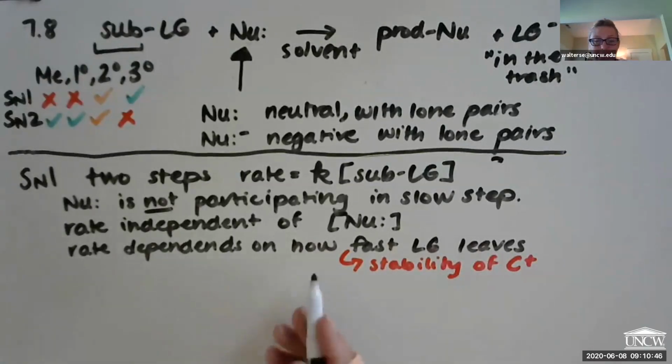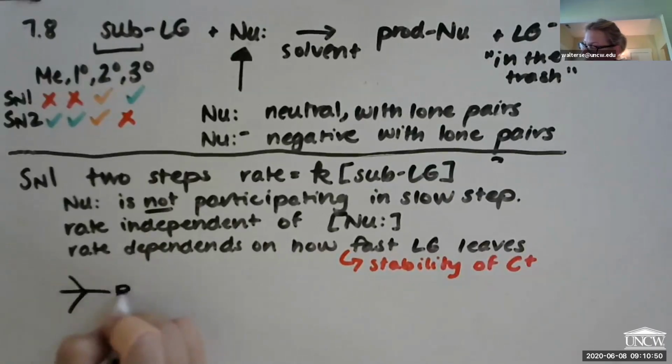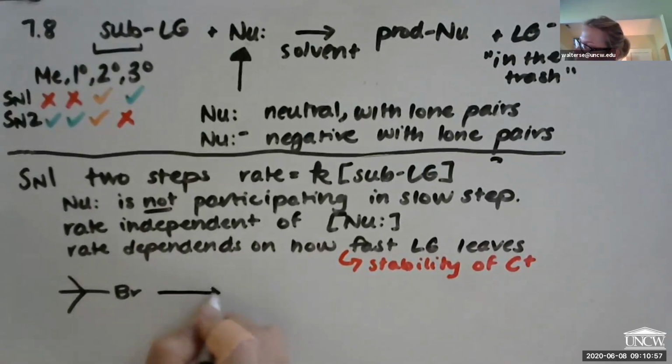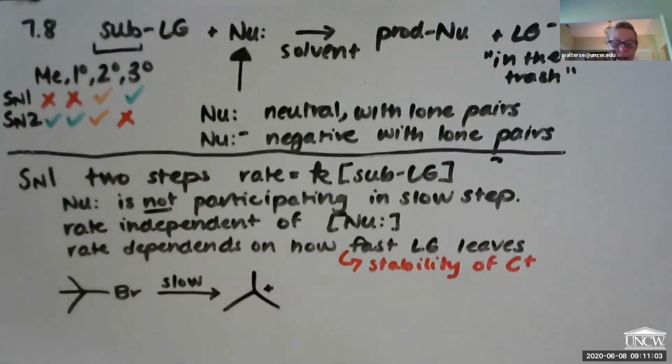So if we write a little brief reaction, now we have our tertiary substrate, a tertiary alkyl halide. The slow step is forming a fully positive carbocation.